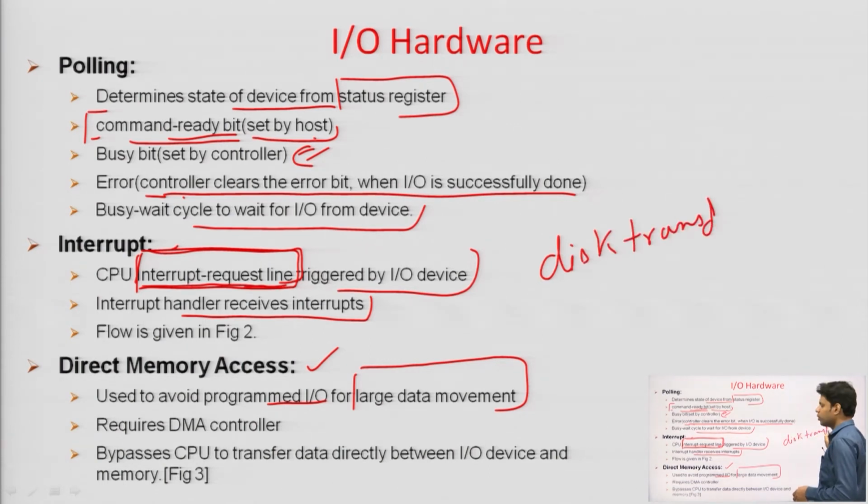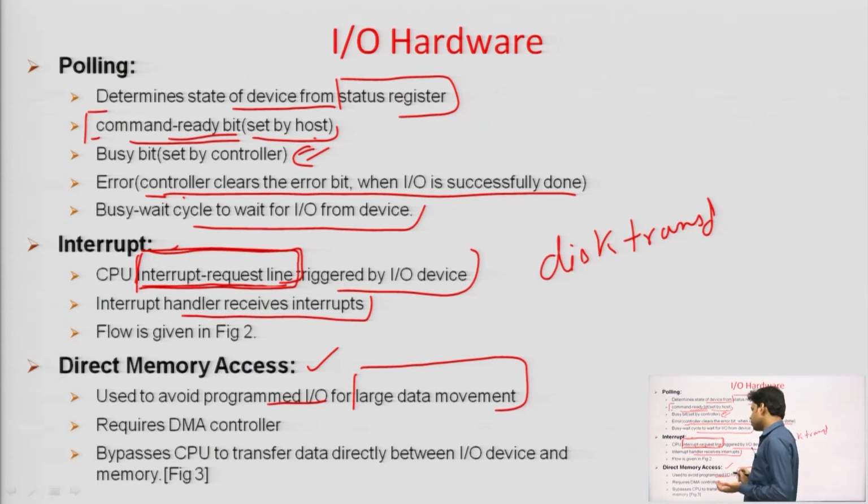Any file that you are moving from disk 1 to disk 2 is a large data movement, and these methods along with programmed I/O would not be beneficial for large data movements. So this requires direct memory access, which requires a DMA controller.